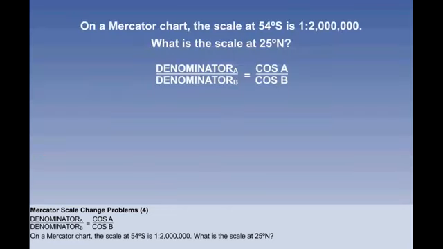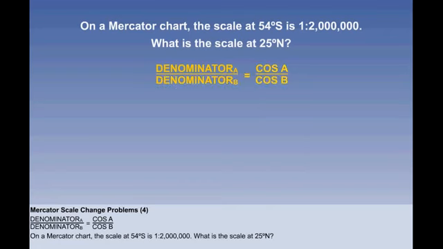The basic equation is denominator at latitude A divided by denominator at latitude B equals cosine A over cosine B. However, rearrange it slightly to make the unknown denominator the subject of the equation. This gives us denominator A equals denominator B times cos A over cos B.